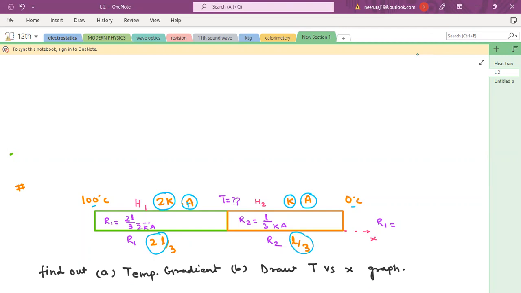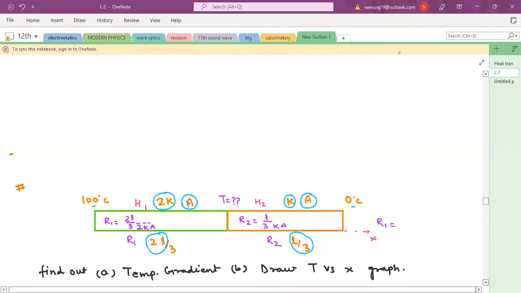So they're asking us to find out the temperature gradient of both the rods. Pause the video for a few minutes and solve this first. So, bacho, as you know, to find the temperature gradient, the heat current flow in this part is the same as the heat current flow in this part.